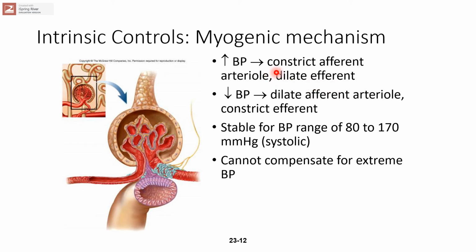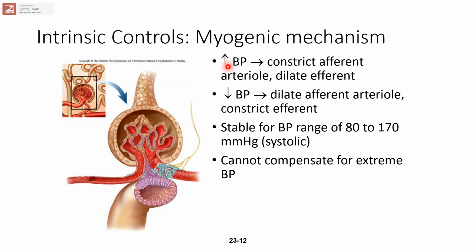So when there's a lot of blood pressure, you want to prevent overstretching and damage to the glomerulus because it's a really high blood pressure. So when the blood pressure is low, the afferent arterioles get dilated and they help in maintaining normal glomerular filtration rate despite fluctuations.